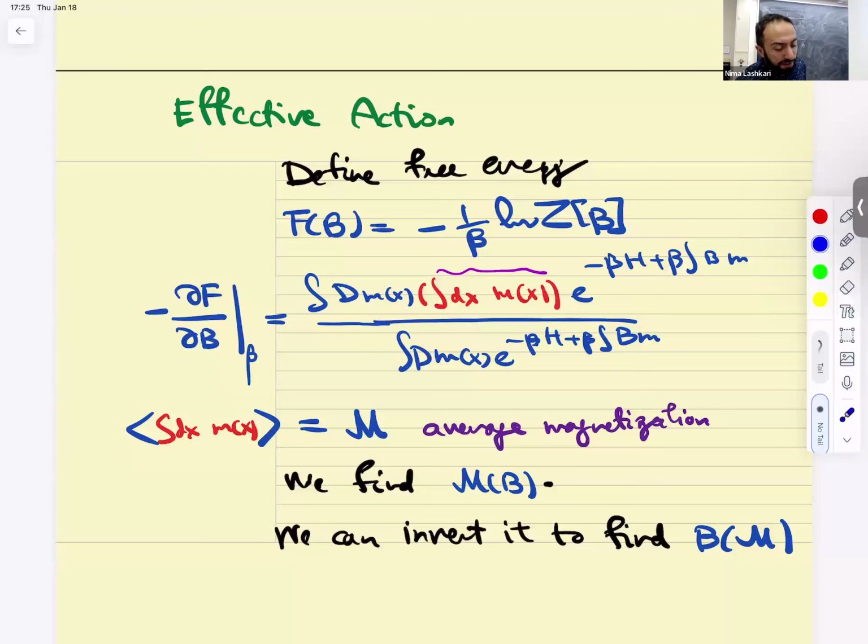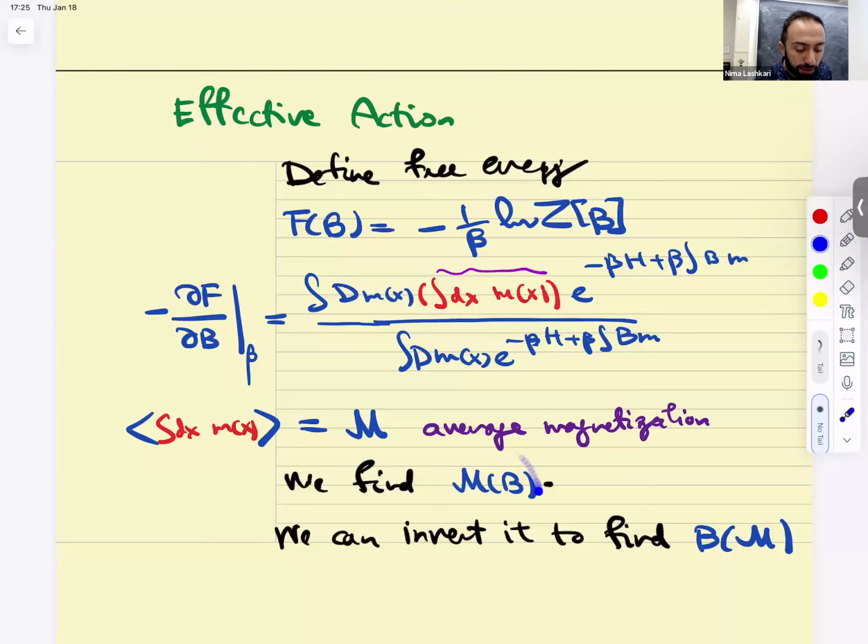Now, if you take F of B and take derivatives with respect to B, with a minus sign, the derivative will bring down the integral of M(x). So the 1-point function of the integral of M(x) dx, which is called the average magnetization, is just minus the derivative of F with respect to B at fixed temperature. Why do we do this?